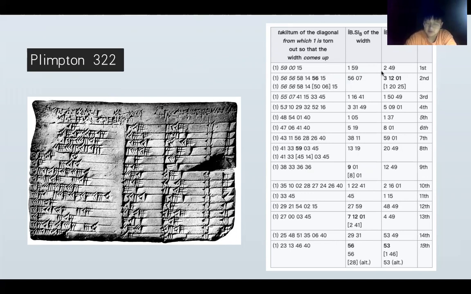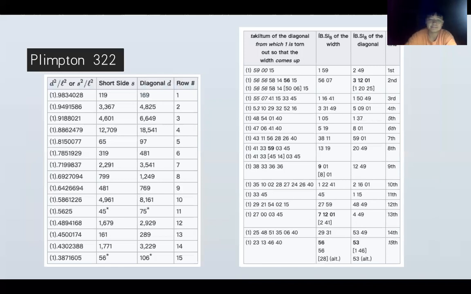But now we're going to translate the sexagesimal system into the decimal system, and we found something more interesting. Oh, by the way, the fourth column is just the row number, so it almost stays the same, 1, 2, 3, 4 to the 15th.